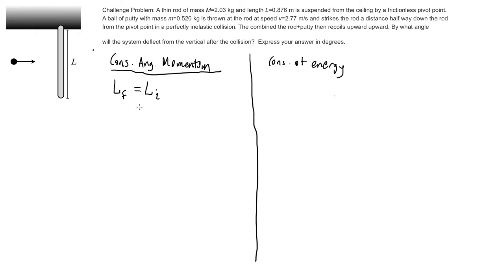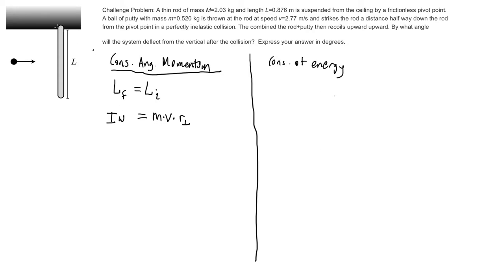Now we know that the initial angular momentum is going to be the mass times the speed times the perpendicular distance with respect to the observer or the origin. Afterwards, we're going to have something rotating with a moment of inertia around a pivot.